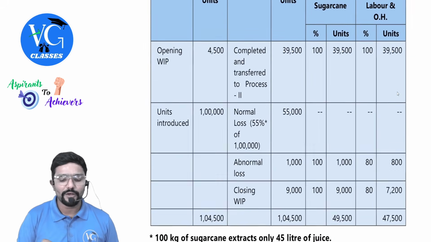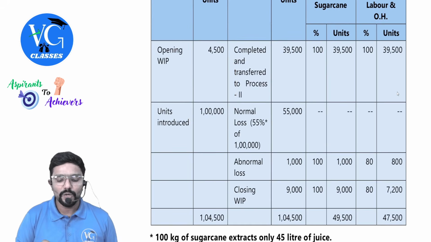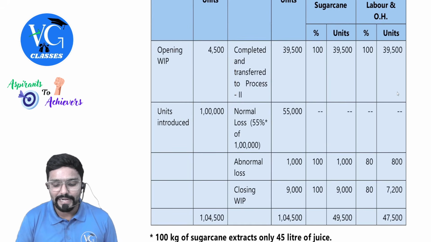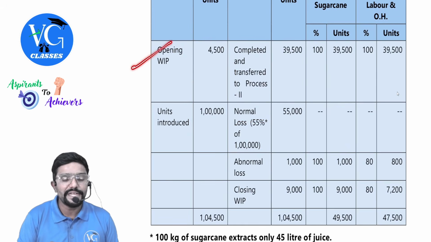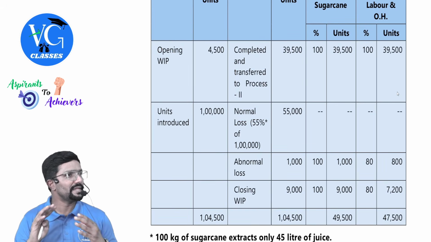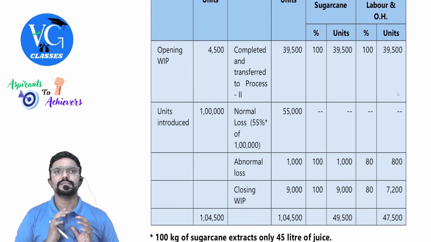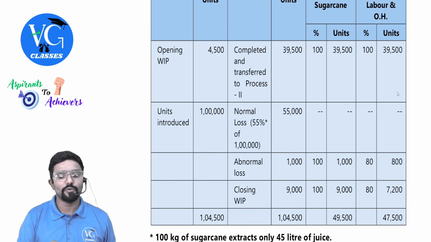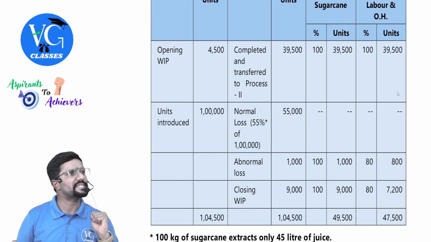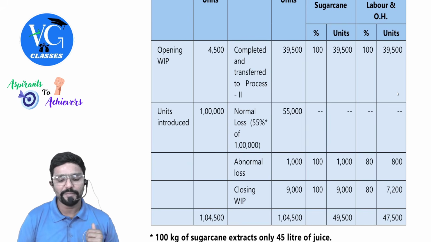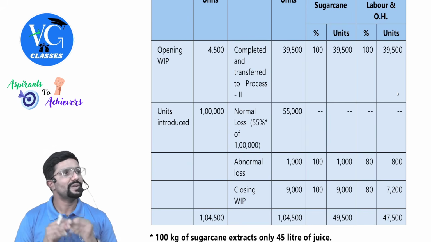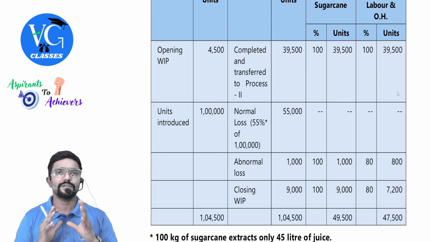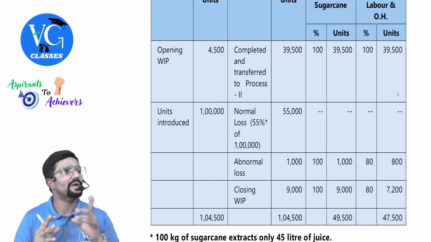Sir, 55% of 1 lakh 4,500 or only 1 lakh? It is only 1 lakh, guys. Why? Because the opening WIP is already introduced into the process, materially completed. If there was any loss on opening WIP, it would have already been considered in the last period. In the current period we have introduced only 1 lakh kgs, so any loss we book on 1 lakh.